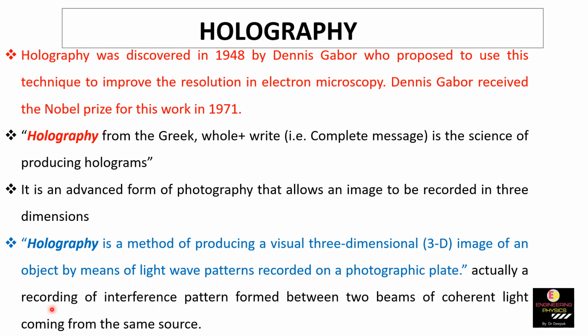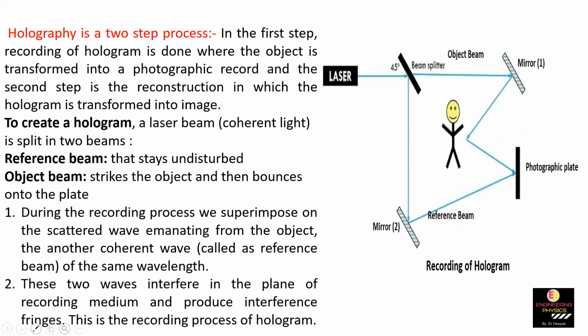For the recording of hologram, an interference pattern is formed between 2 beams of coherent light coming from the same source. So 2 steps are involved in the hologram. One is the recording of hologram and another is the reconstruction of hologram.